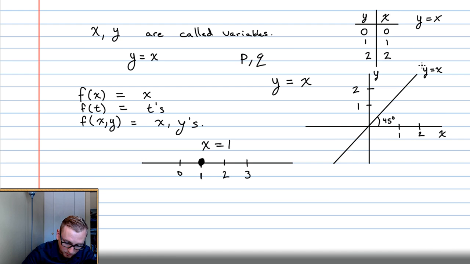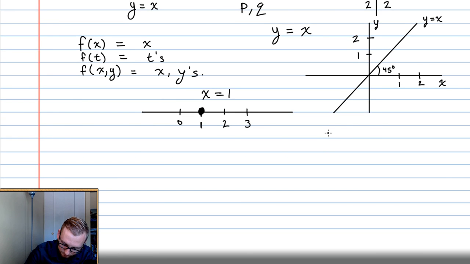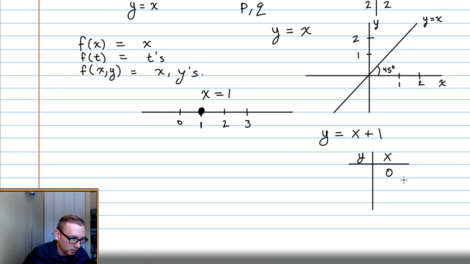If we change it to be something else, like y equals x plus 1, then our function is now x plus 1. So if we plug in our table of values, x and y, if x is 0, what is y?